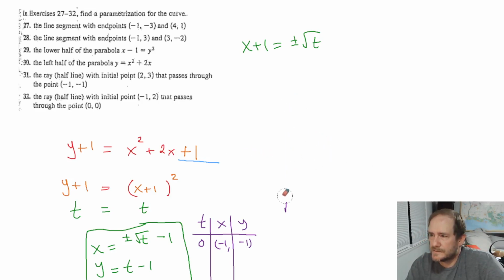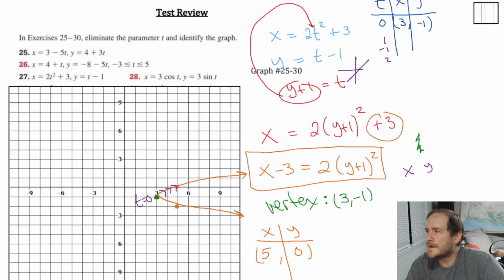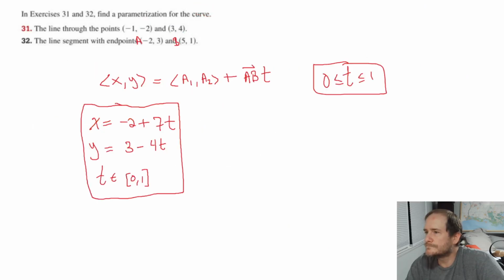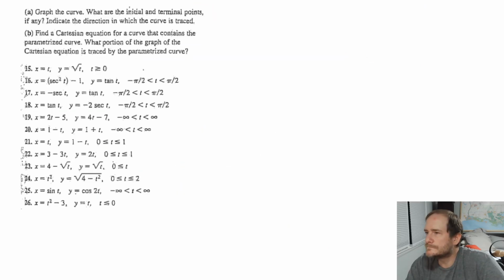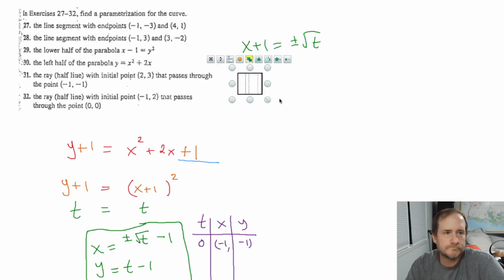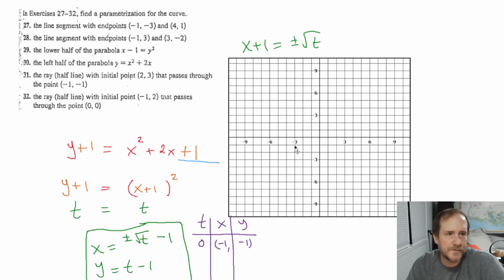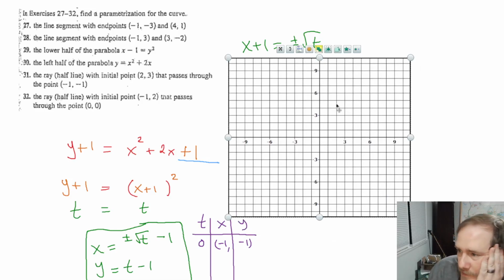I'm sick. So I forgot that I had all these grids. Alright, hopefully you can see that a lot better. But it looks like we're getting a point at negative 1, 1, negative 1, negative 1.